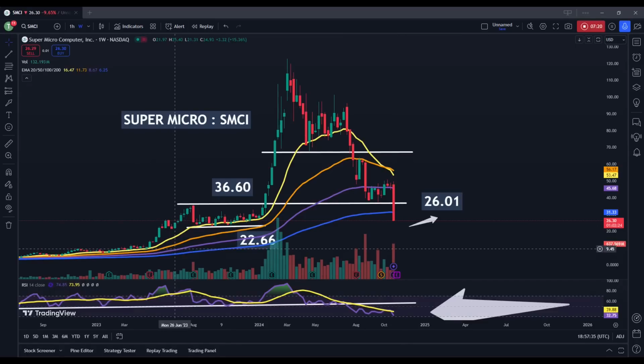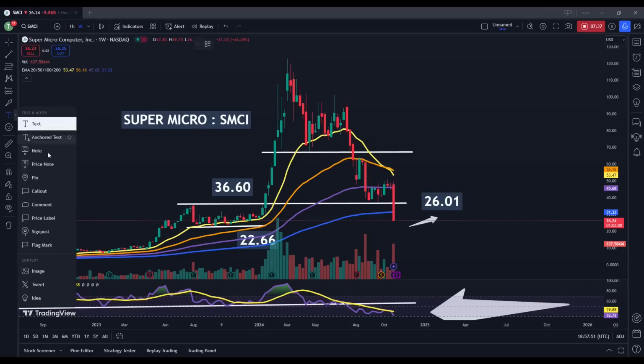If that were to occur, I would probably start to look at $9.25 as the next potential level of support from there. So that's just the price low that was seen. This would be April 2023. We saw price lows of $9.32.